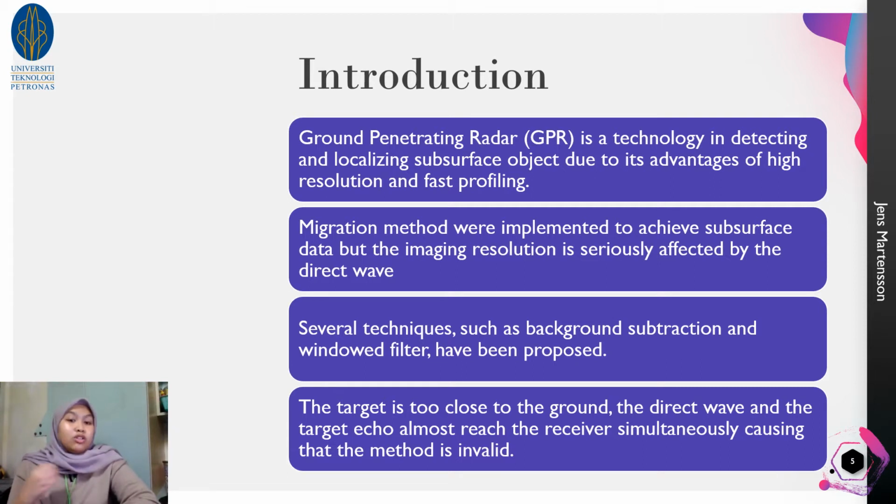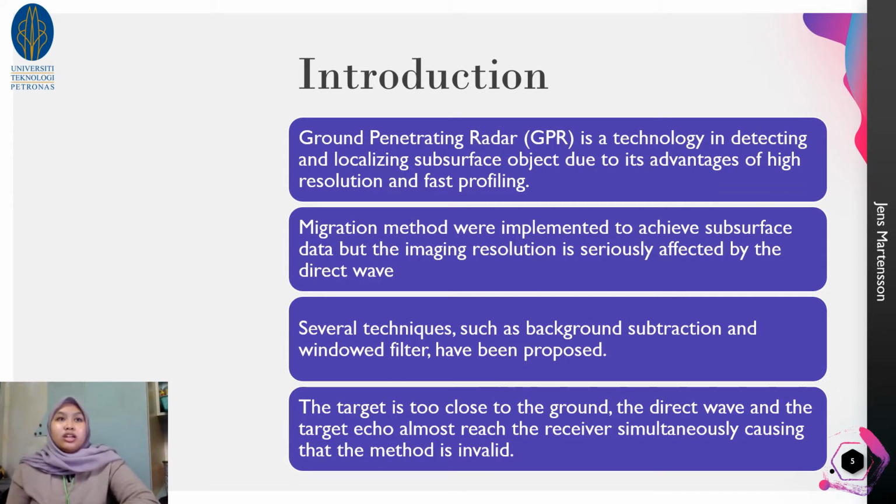Based on the introduction, migration methods were implemented to achieve subsurface data, but the imaging resolution is seriously affected by the direct wave. In here, the direct wave is the noise created from the GPR. Several techniques have been implemented to counter this noise, such as background subtraction and window filter.